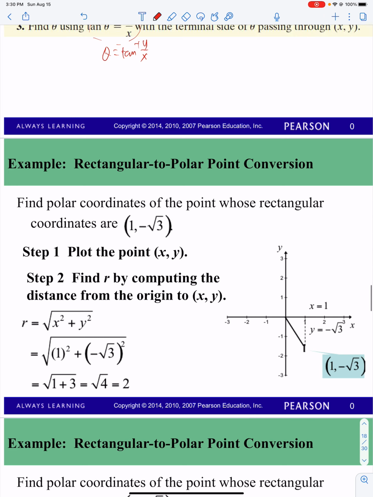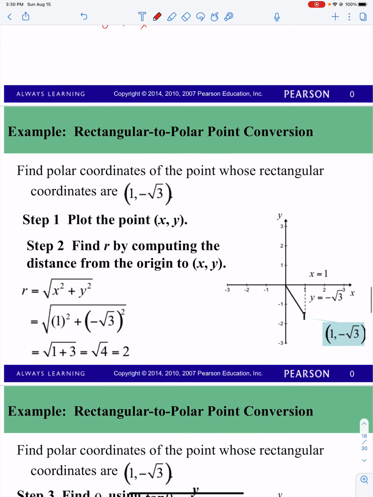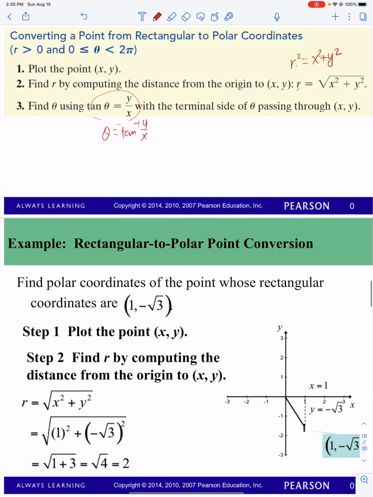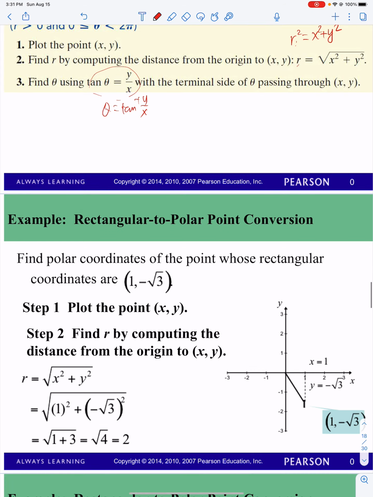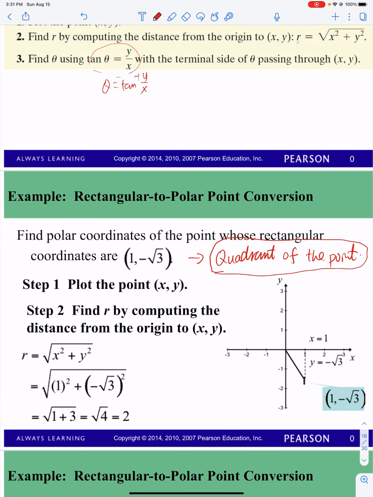Okay, now let's look at this question. There is a tricky one. From polar to rectangular coordinates, you always need to define which quadrant the point is in. The quadrant of the point will be super important, because it will determine which angle you choose here.